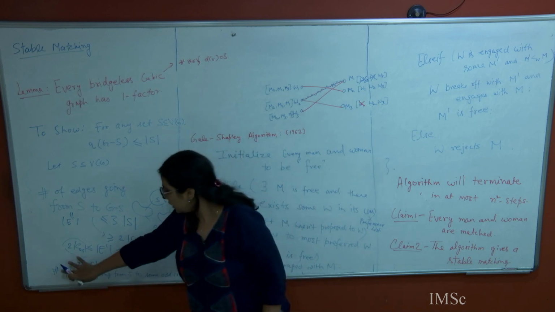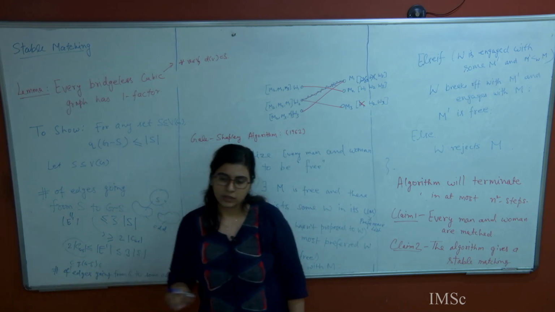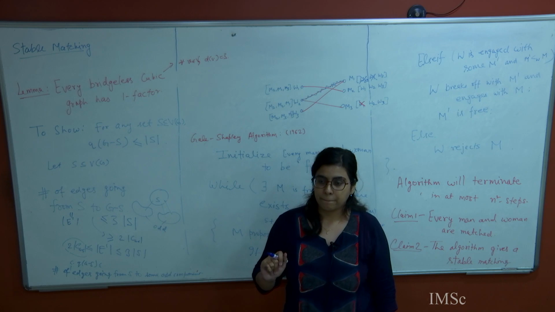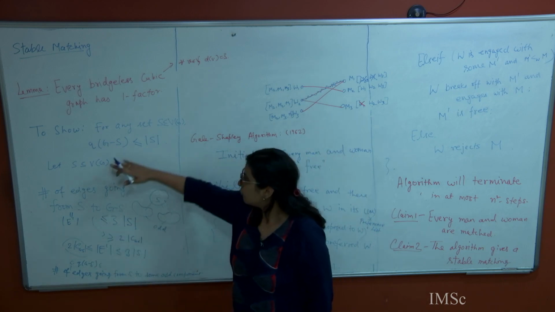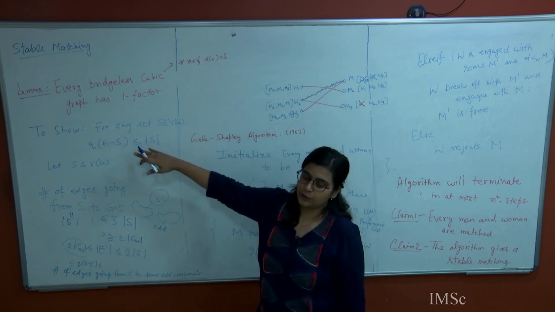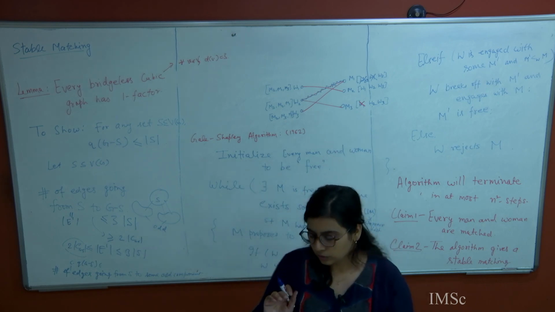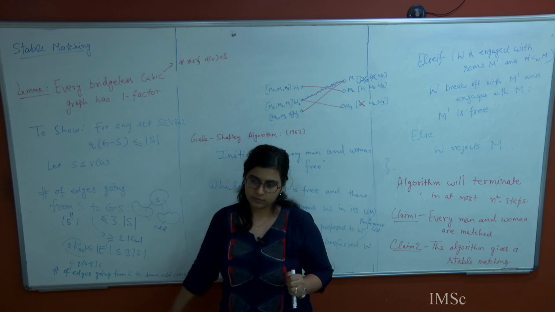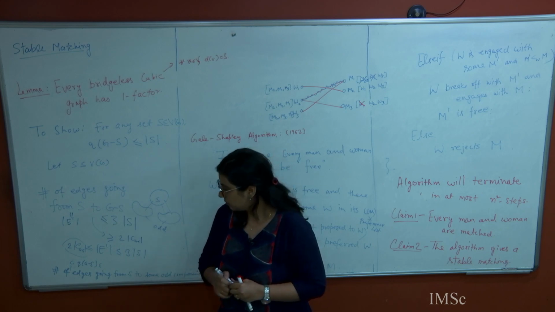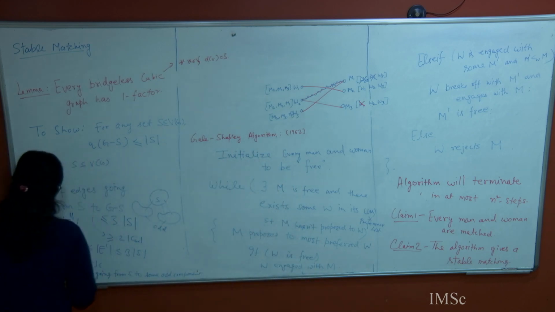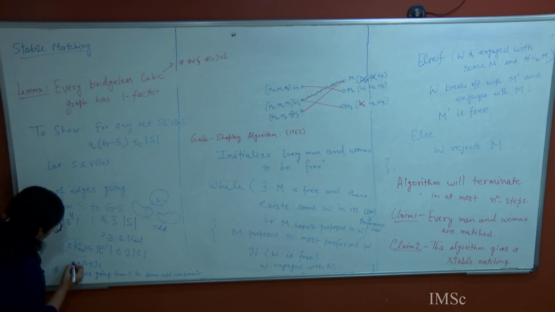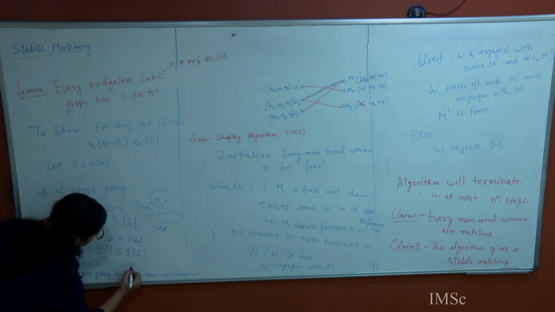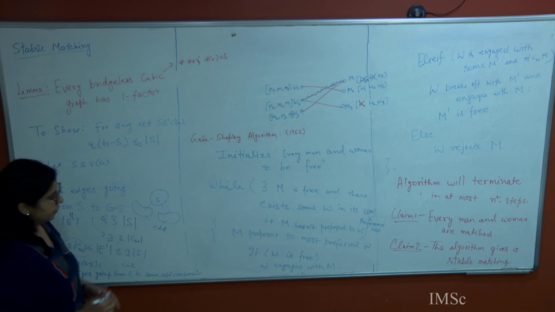If I put C as 2, then it is fine, but it still won't give me this inequality. So what I want to prove is whether we can have some better bound than this. C equal to 2 is already there, but we want to improve this.